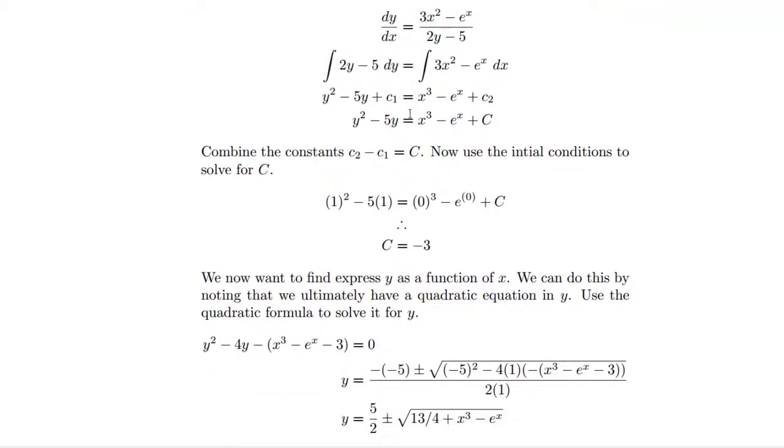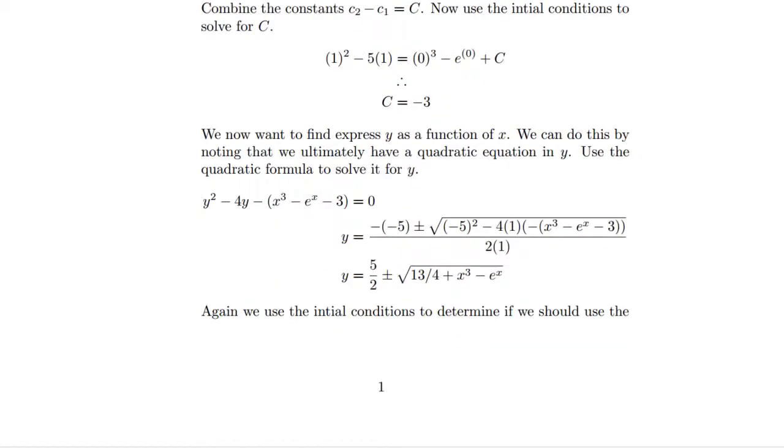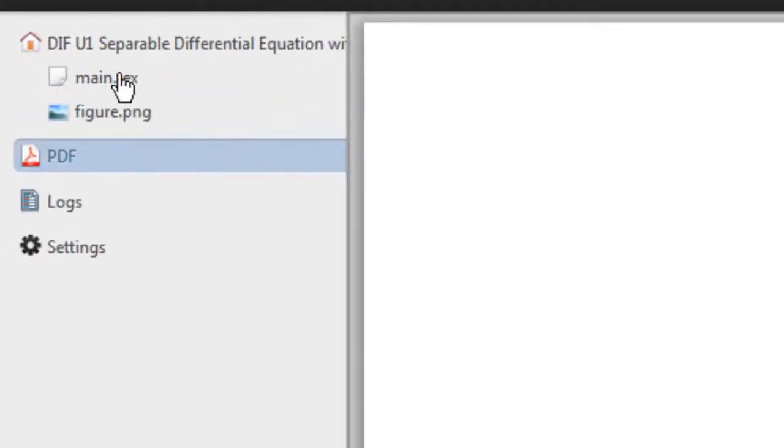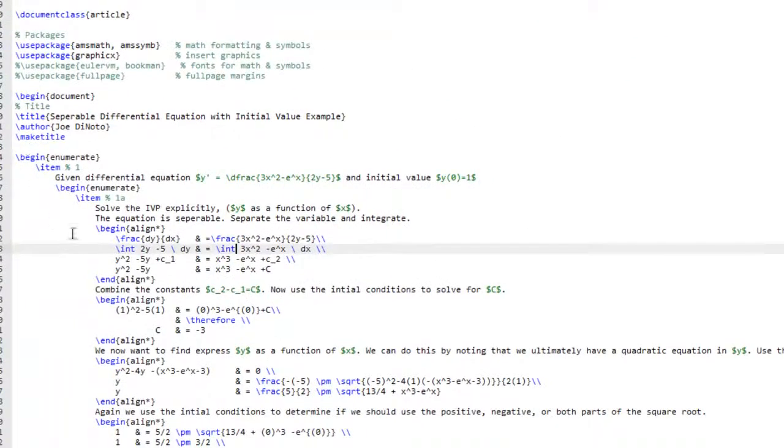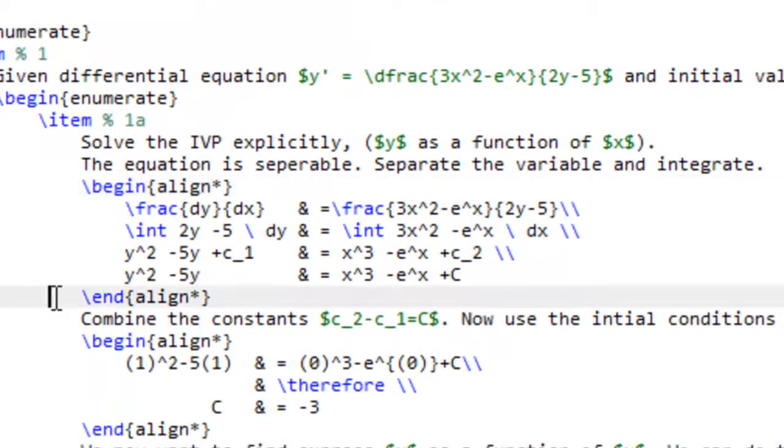All the equal signs are lined up. Equal sign, therefore sign, equal sign. And then look over here. Equal signs are all lined up. How did I do this? We go to main.tex, the main tex file, and you'll see that we have this line here, begin align, end align. And the star means that there are no equation numbers. If I remove that star, I will get equation numbers.